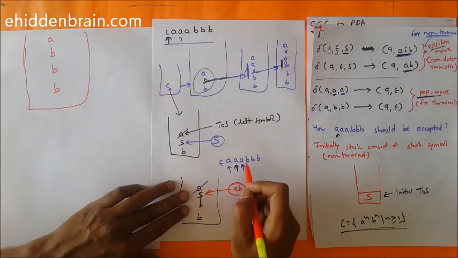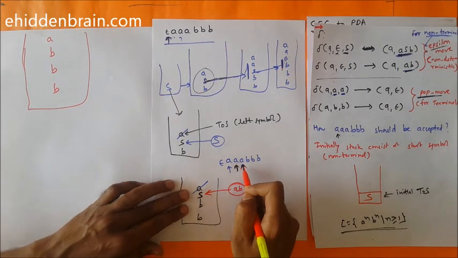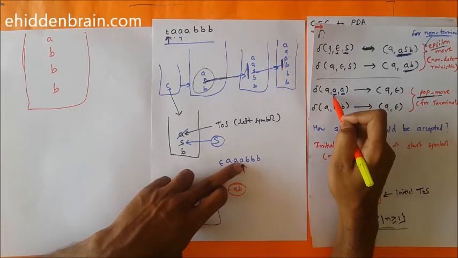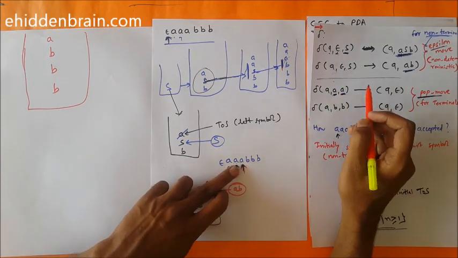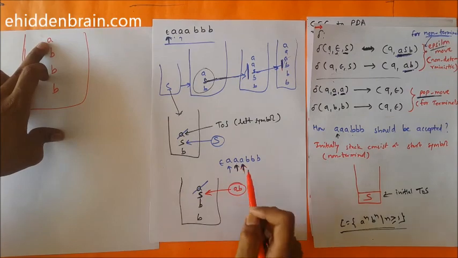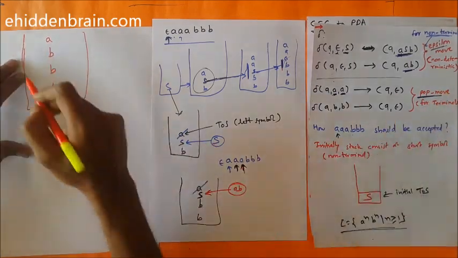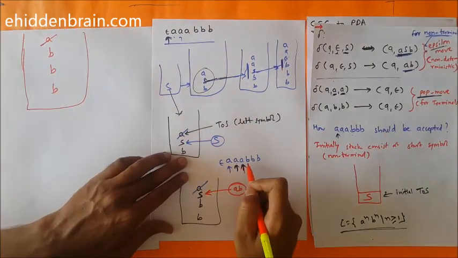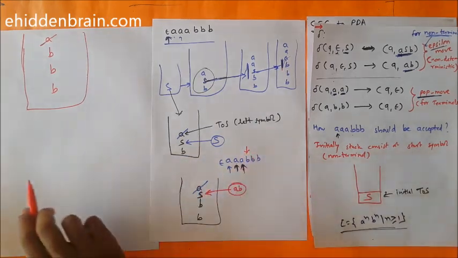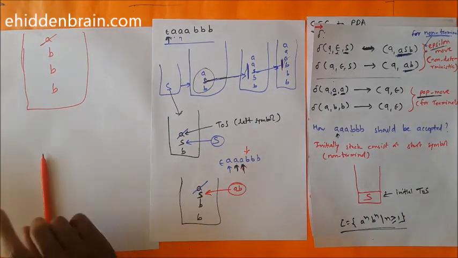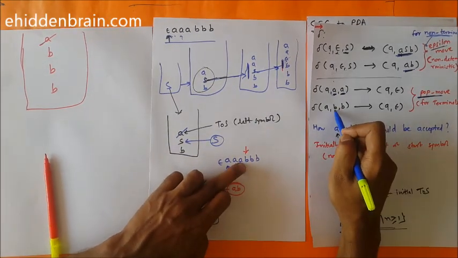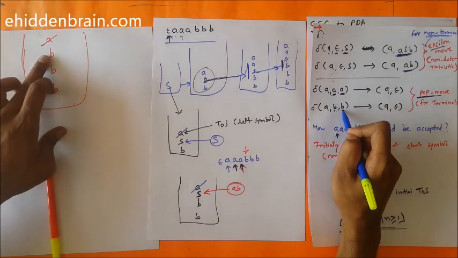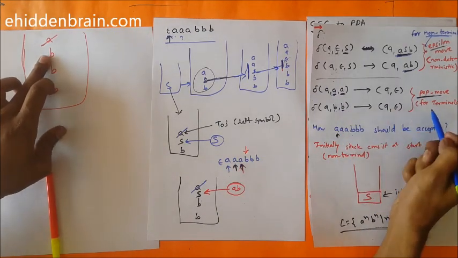Now where is your pointer? Now for this A, what are we expecting? Again we are expecting A. So yes, for this A, the top of the stack is A. We will pop it out. Now the pointer goes to the B, right? For the B, who is the top of the stack? B is the top of the stack, and hence I will use a pop move, right?